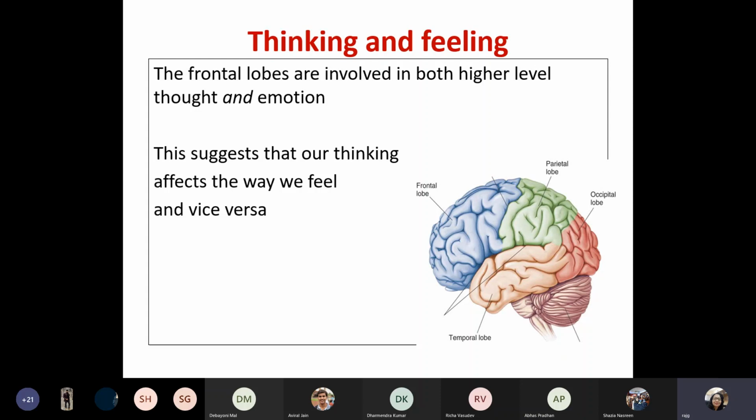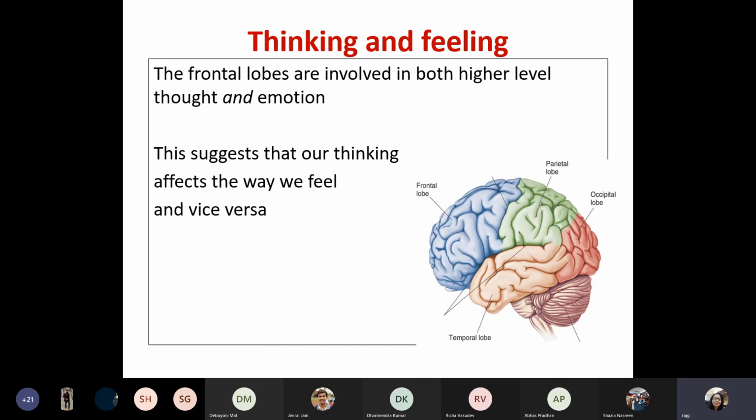Another reason why I'm mentioning this is that there are some areas of the brain that, as I said, are specific for important functions, or important emotions in this case. So if there is a lesion, an injury or damage in a particular part of the brain, then that brings about a loss of that function.